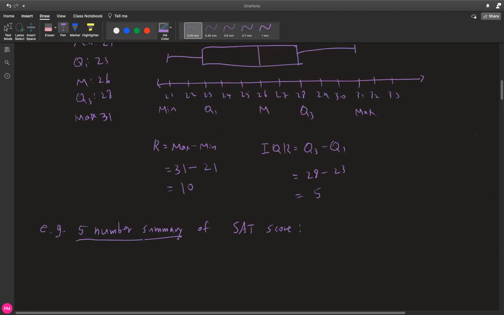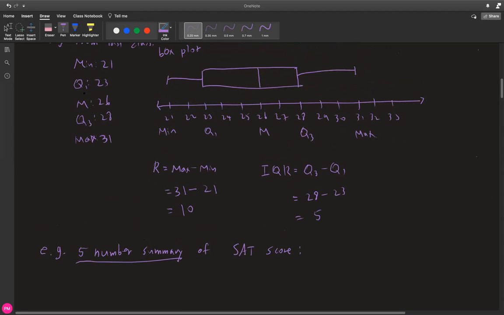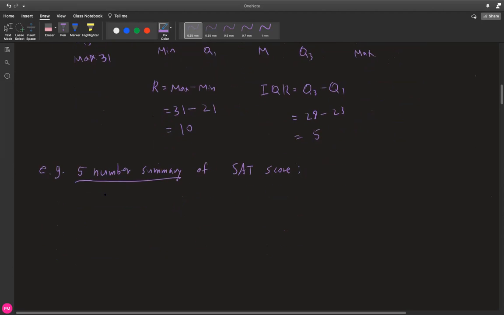So a 5-number summary implies these 5 numbers: minimum, first quartile, median, third quartile, and the maximum. We're given that the minimum is 200, which means there is at least one student who did not get anything right.